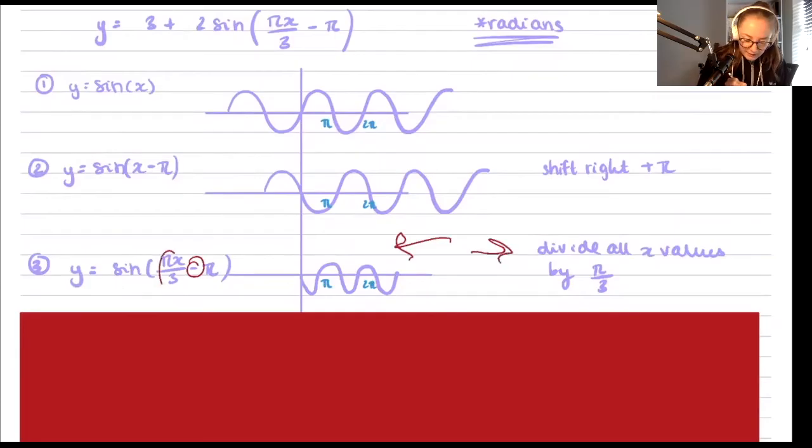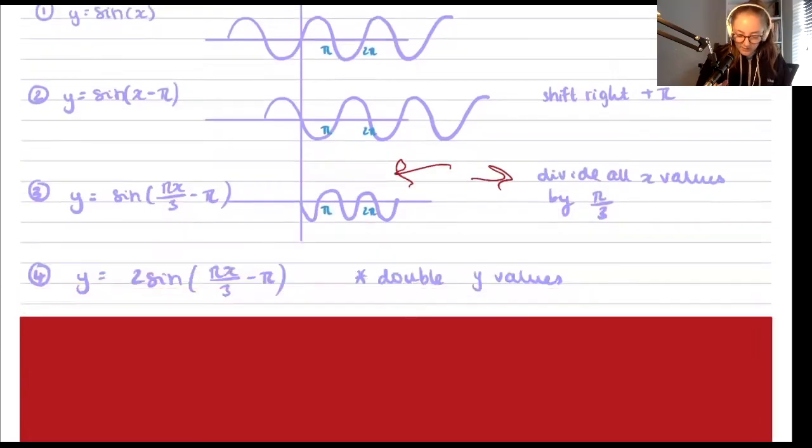And this is multiplying x by pi over 3. Since pi over 3 is a number larger than 1, you would imagine that would enlarge the space between the x values, but it actually does the opposite. It divides all of your x values by pi over 3. So you get a more squished graph.